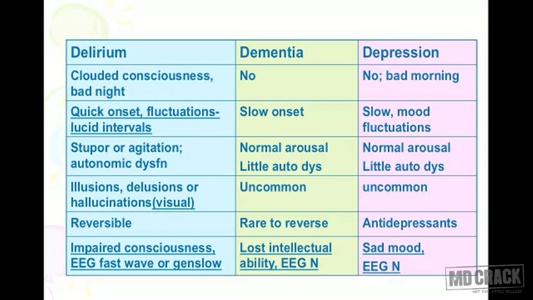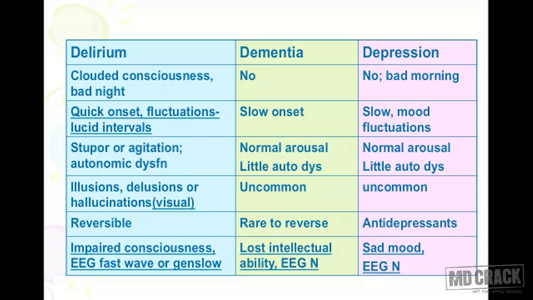Next row, delirium. Usually there's quick onset, there's fluctuations, and there are lucid intervals. Dementia, I hope you remember, very slow, gradual onset. Depression, also a slow onset, and in addition to this, you find mood fluctuations. In delirium, you get stupor or agitation, and there is autonomic dysfunction.